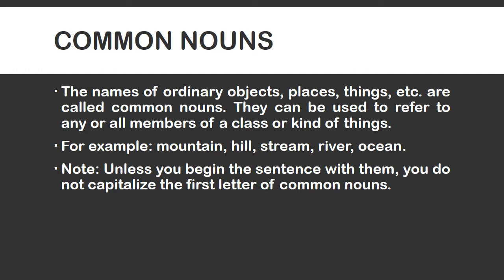The name of a particular river, like Krishna, is a proper noun, but the noun river is used for all rivers and so it is a common noun. Mountain, hill, stream, river, ocean are all common nouns. Unless you begin the sentence with them, you do not capitalize the first letter of common nouns. We capitalize the first letter of only proper nouns.